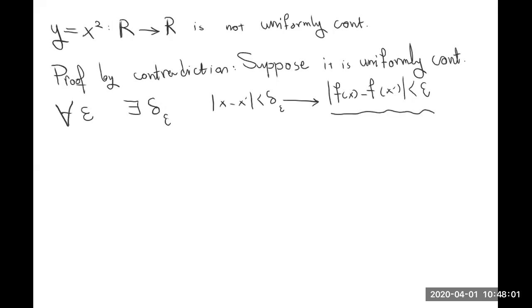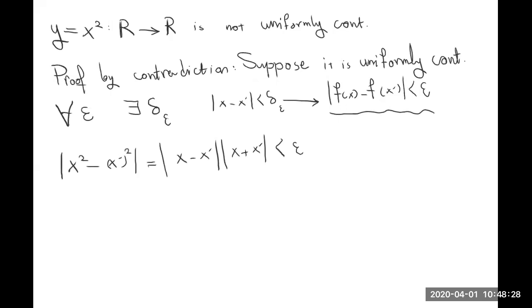As we know, f is x squared, so this is just x squared minus x prime squared. This is supposed to be less than epsilon, and we know this is x minus x prime times x plus x prime. This is supposed to be less than epsilon, right?